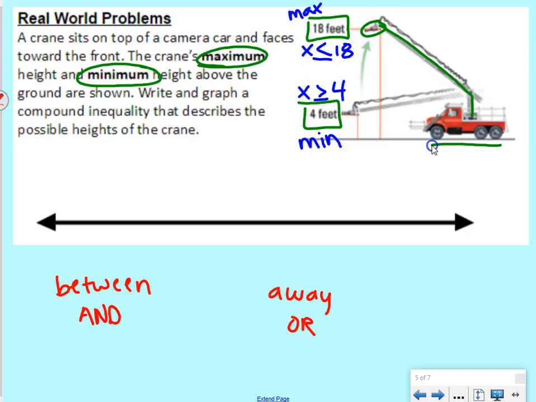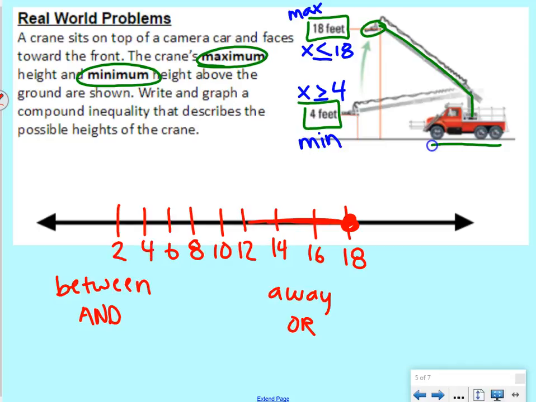All right, so let's graph this. x is less than or equal to 18, so we put 18 on our graph. Less than or equal to is going to go this way towards 16 and 14. Now let's count down to 4. There we have 4.